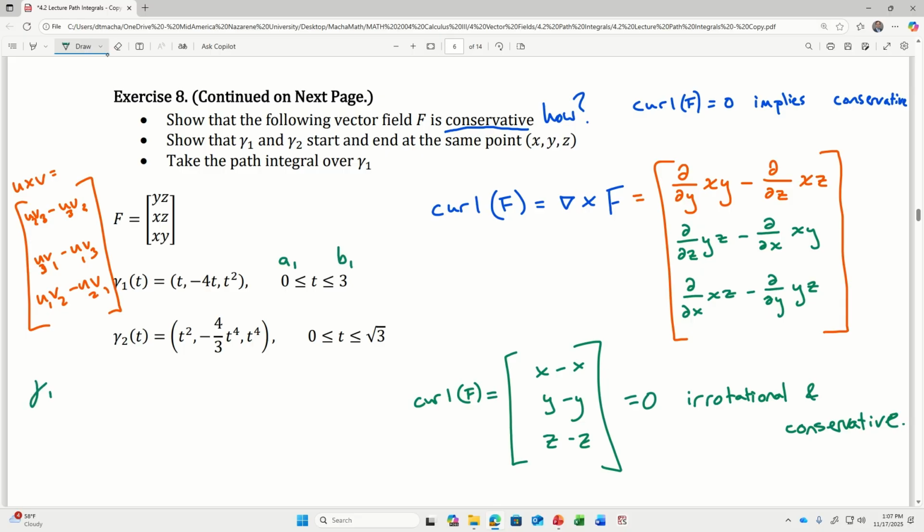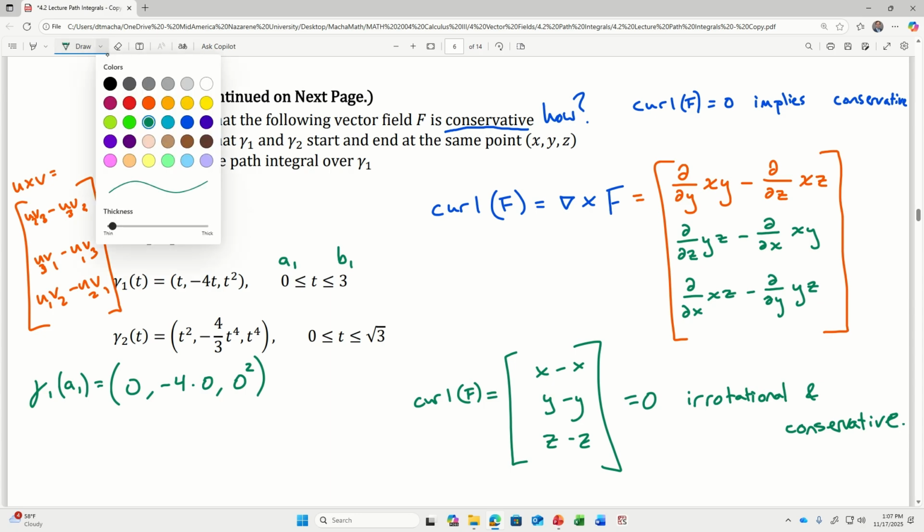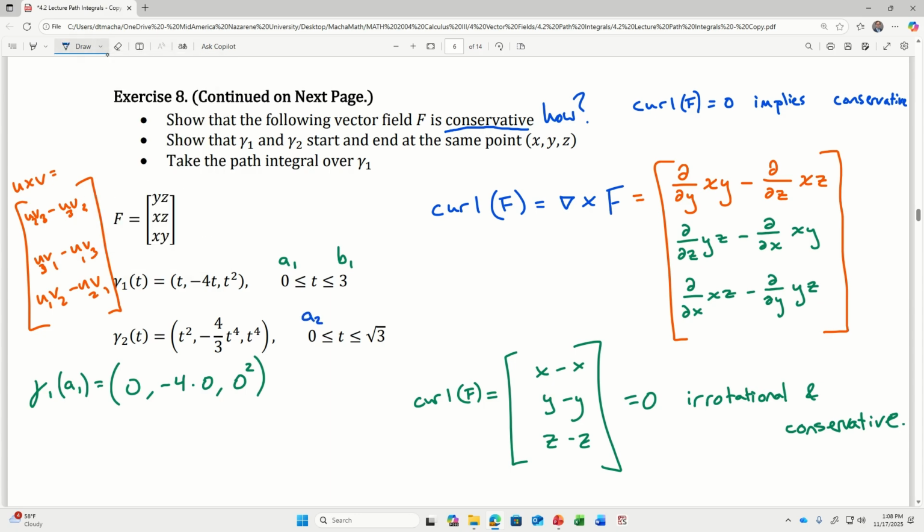So if I take gamma 1 at A1, that's 0, negative 4 times 0, 0 squared. And here I have A2 and B2. If I take gamma 2 at A2, that's 0 squared, negative 4/3 times 0 to the 4th, and 0 to the 4th. And these are both the point 0, 0, 0.